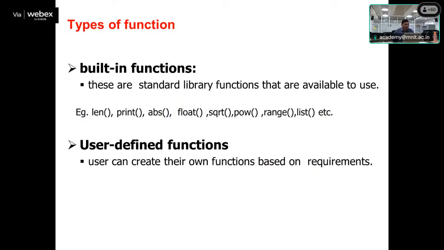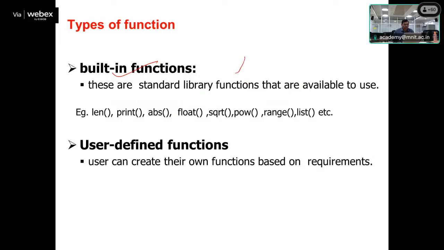Also in Python, we have built-in functions, which are standard functions available for the programmer to use. So they are readily available functions. The code for those functions was written by the language designer, and we are required to use that function for our task.